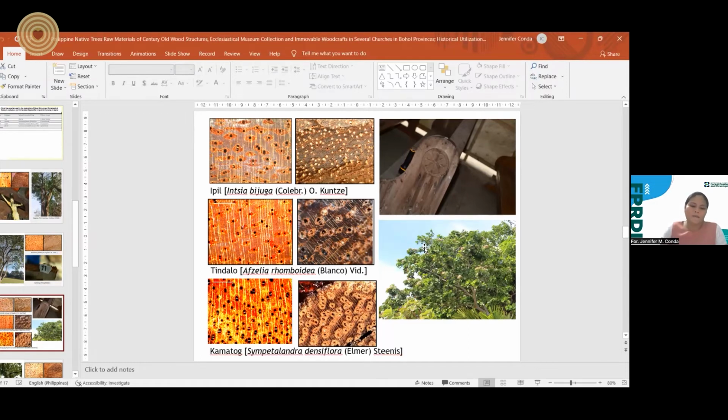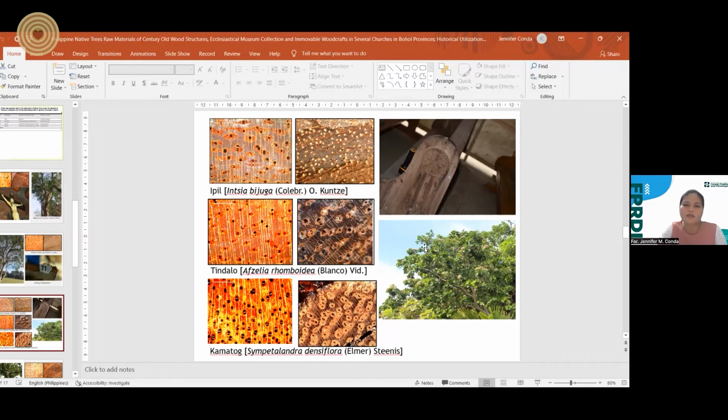Okay, so when we identify these species, Afzelia rhomboidea belongs to the high strength group, while Ipil, Intsia bijuga and Sympetalandra are second, or moderately high strength species. So most of them, the color ranges from light brown or orange to yellowish, and they have a moderately fine texture, and they are hard and heavy.